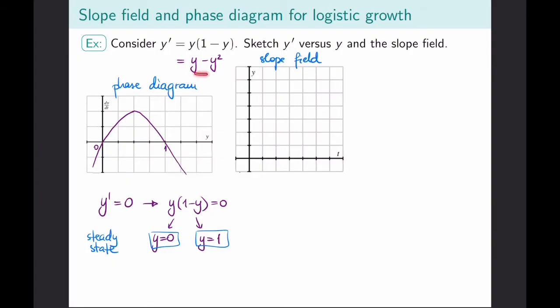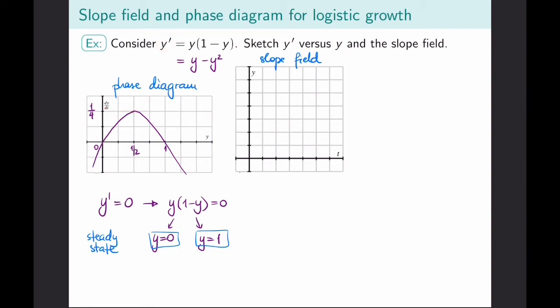This is now the graph y minus y squared, where y corresponds to the horizontal axis. I can do even more than that because I know that this happens halfway between the intercepts of a parabola. I can plug in a half into my equation to figure out how high this point is. And plugging in a half, I will see that this point actually corresponds to the derivative being a quarter.